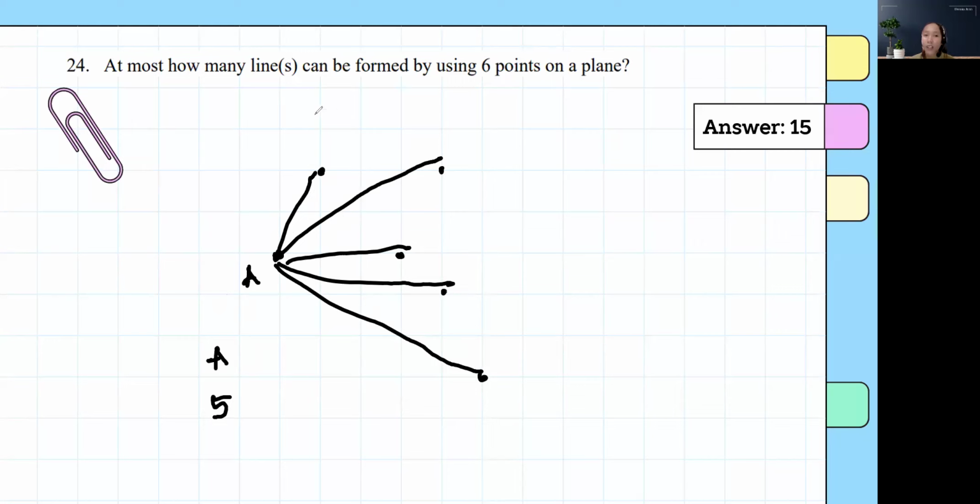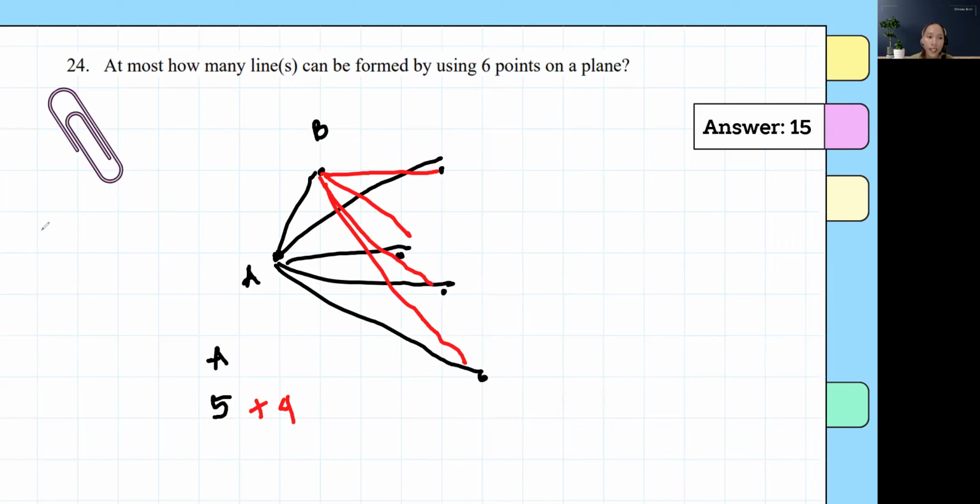If we start from B, let's start with this one. 1, 2, 3, 4. We cannot go back to this because it's the same line as the first one we did earlier with A. So it's only 4 this time, 5 plus 4.